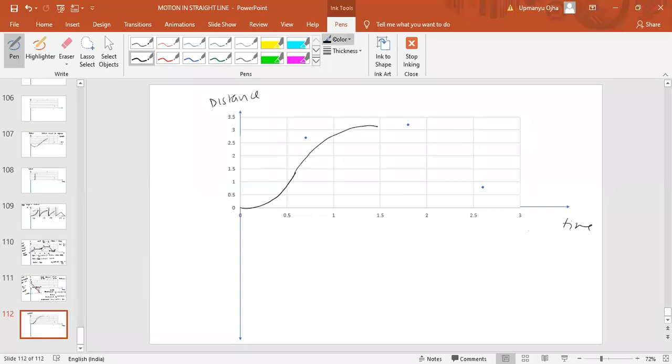We have 4 different points on this graph: this is point A, this is point B, this is point C, this is point D.